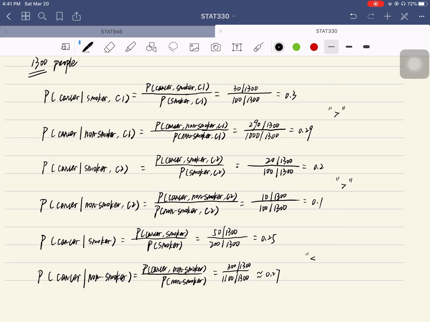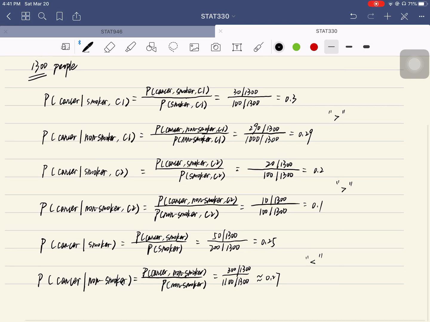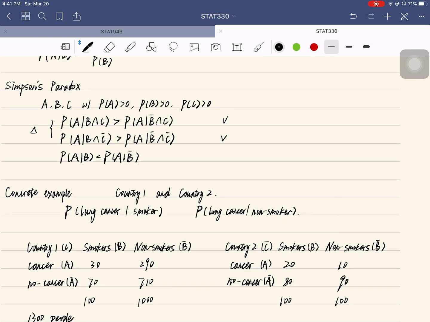So here is a less than relationship. So we say the third inequality holds.